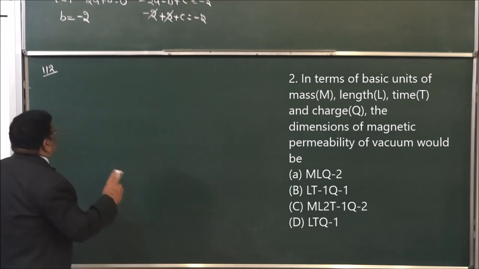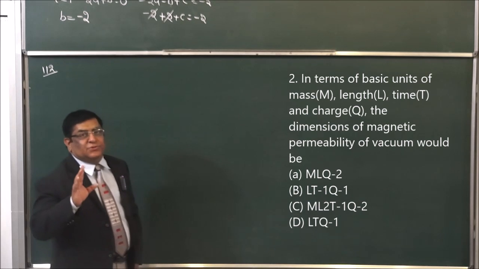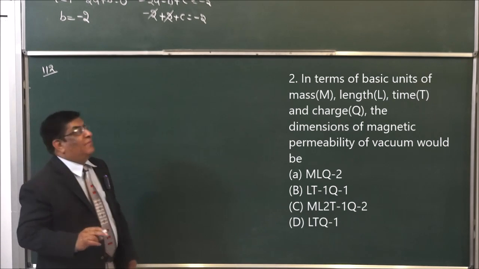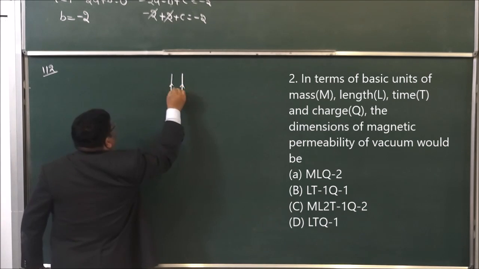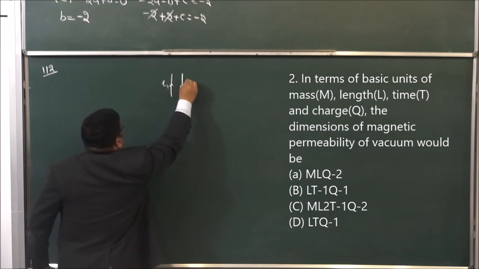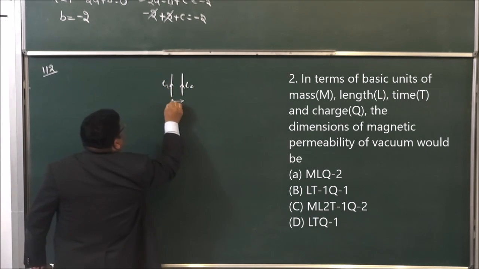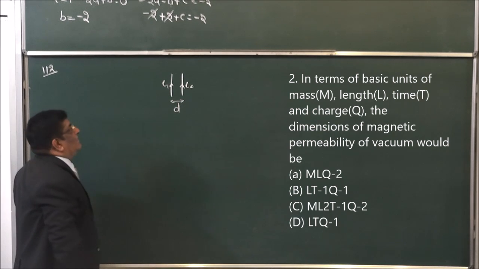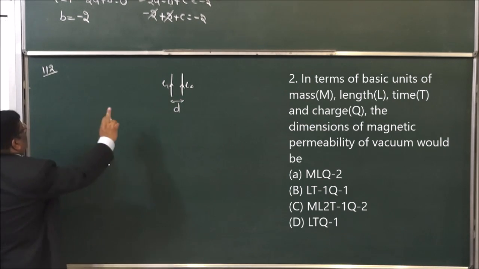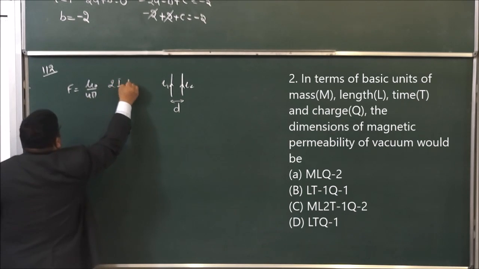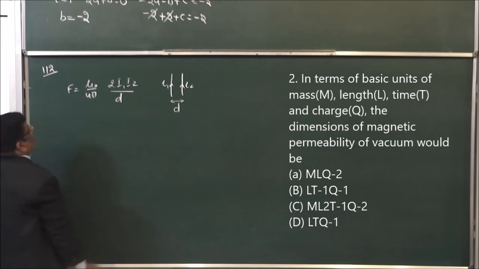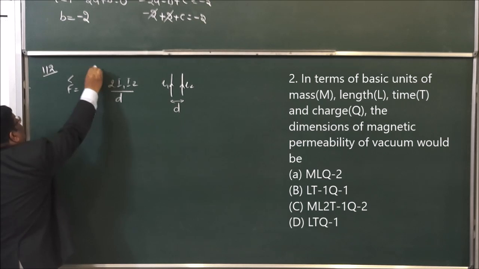This should come to our imagination: we remember the formula of force between two parallel current carrying conductors. This one is carrying current I1, this is carrying current I2, and the distance between them is D. The formula for force is mu naught upon 4 pi times 2 I1 I2 upon D. So this is the formula which has force and which has mu.